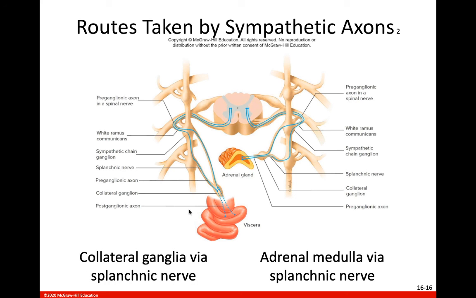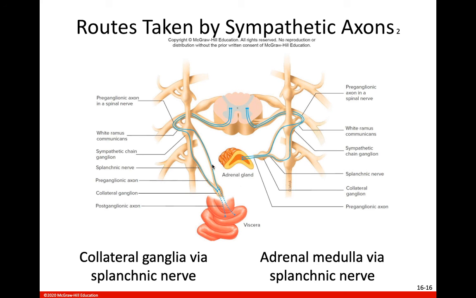Here is our splanchnic nerve route. Our preganglionic neuron goes through the chain ganglia but does not synapse. It comes down here to the collateral ganglia, and there it synapses with a postganglionic neuron. Here, notice when it goes through this sympathetic chain, it does not synapse with anything.